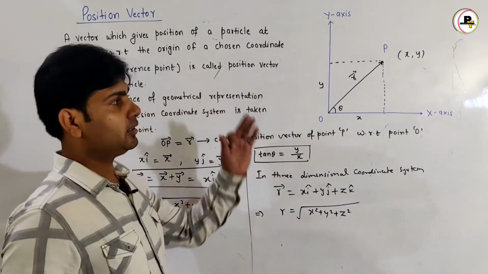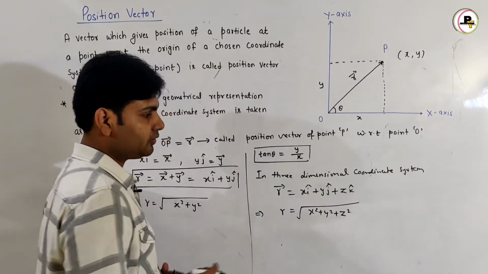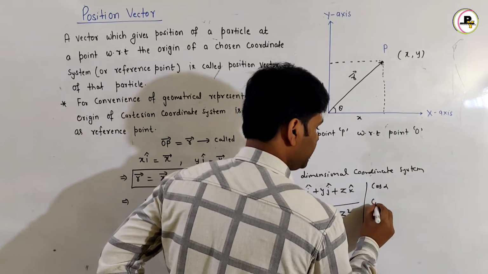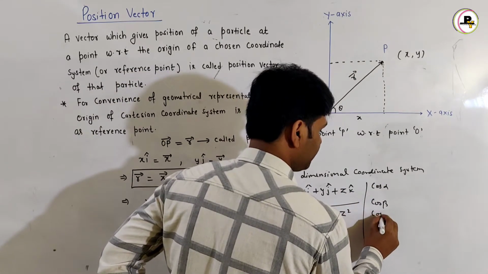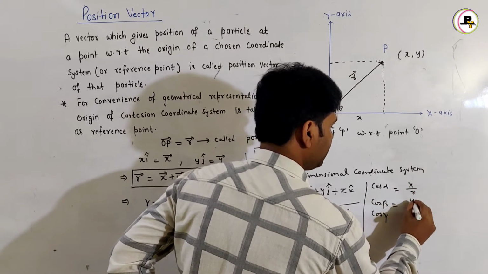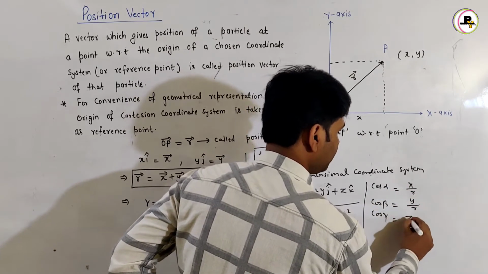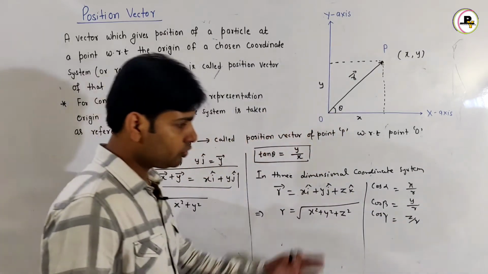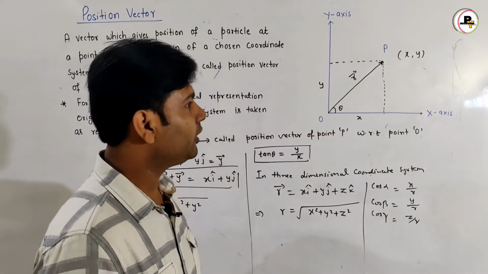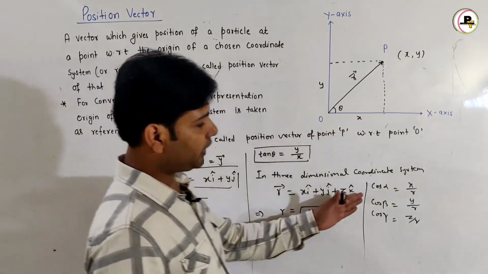In order to find its direction cosines, we have to find cos alpha, cos beta and cos gamma, which are equal to x upon r, y upon r and z upon r. So from this formula I can find the direction cosines of r vector from x axis, y axis and z axis.